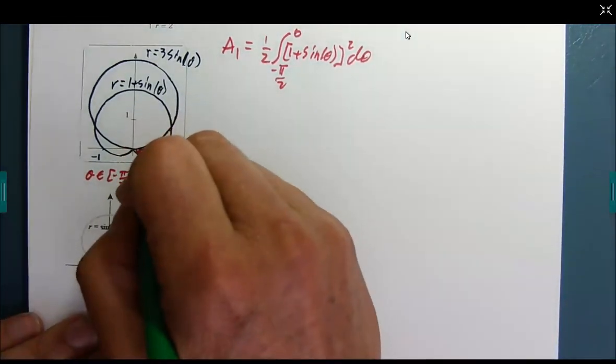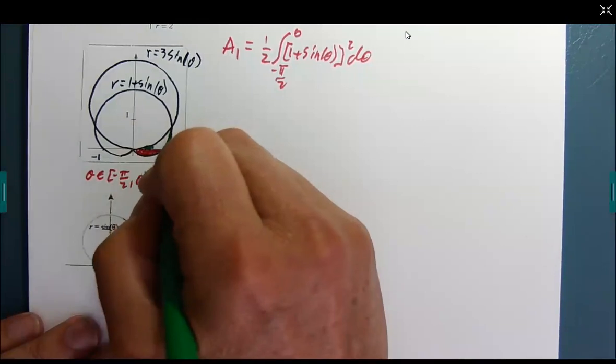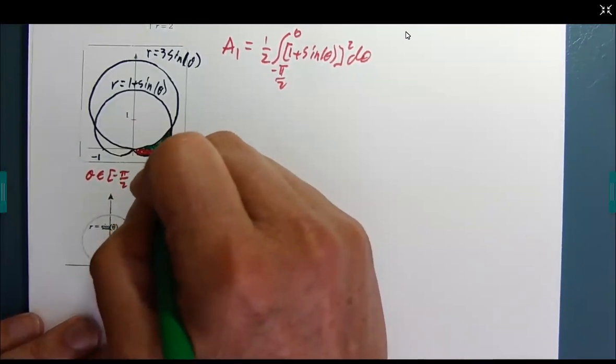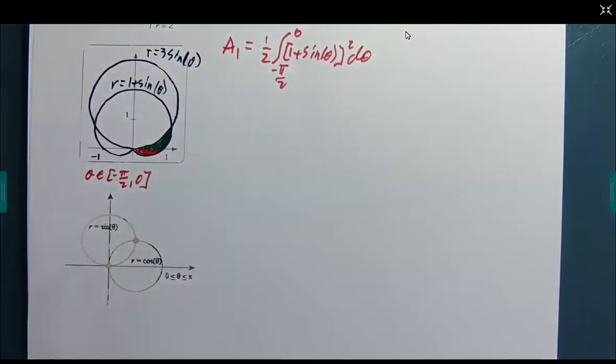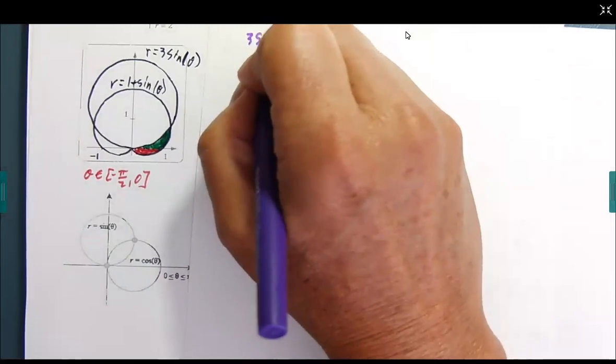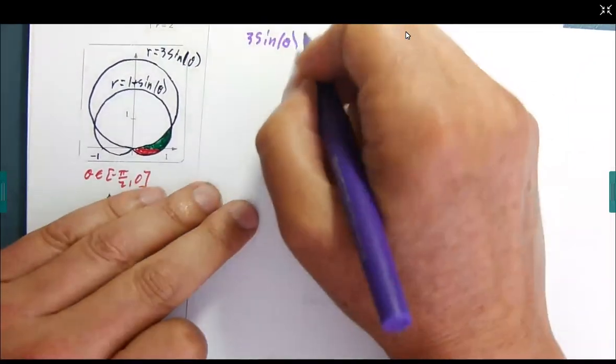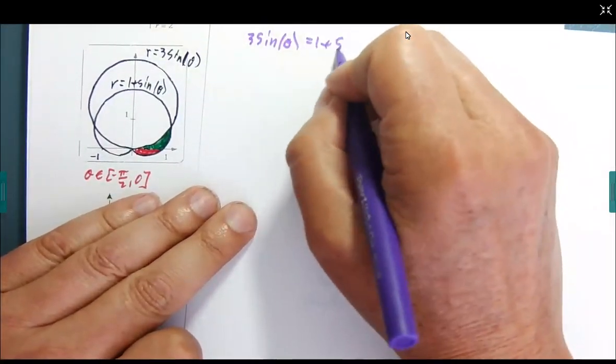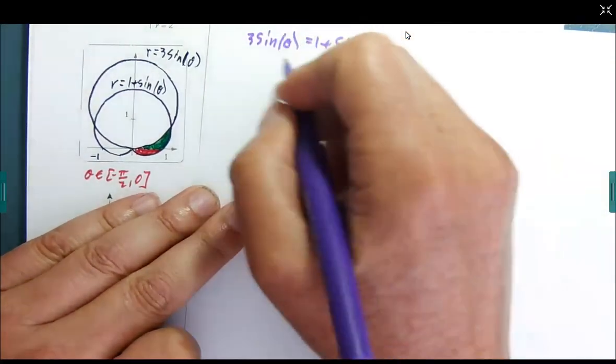Now for the green, which is the rest of the area that I'm interested in, that is going to be the difference of 2 of them. That is going to be from 0. And I'm on scratch paper here. I'm going to quickly see where they intersect. So 3 sine theta equals 1 plus sine theta.